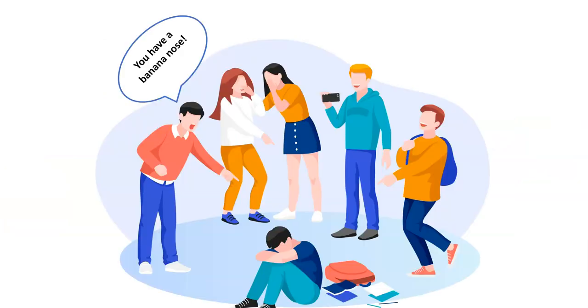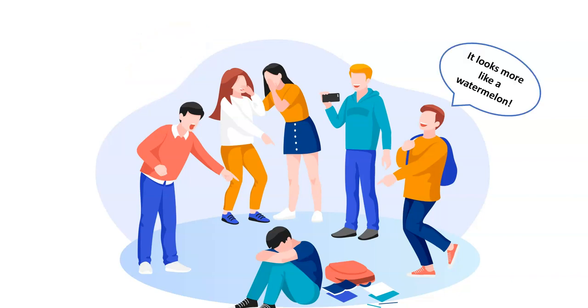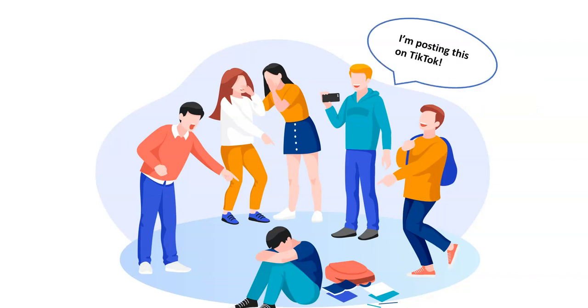Jerry is a 16-year-old male bullied at school because he has a large nose. Jerry is in distress because he is being bullied at school. Jerry is understandably upset.